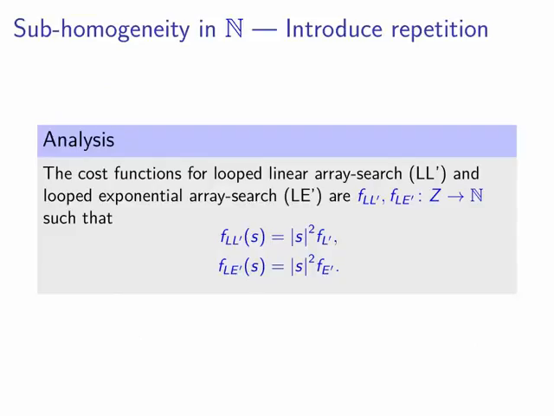The cost functions for these looped versions are here. They are given by the cost function of the underlying algorithm times the square of the length of the array.